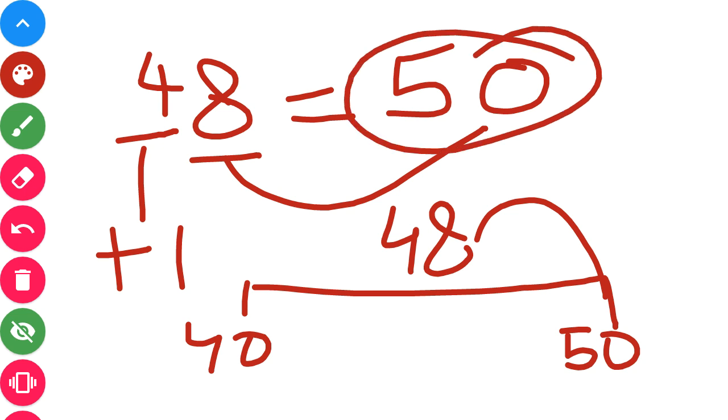Okay. Let us understand this with one more example. Now this time I am going to take a 3-digit number, 123. What do we have to do? We have to round off this 123 to the nearest tens.